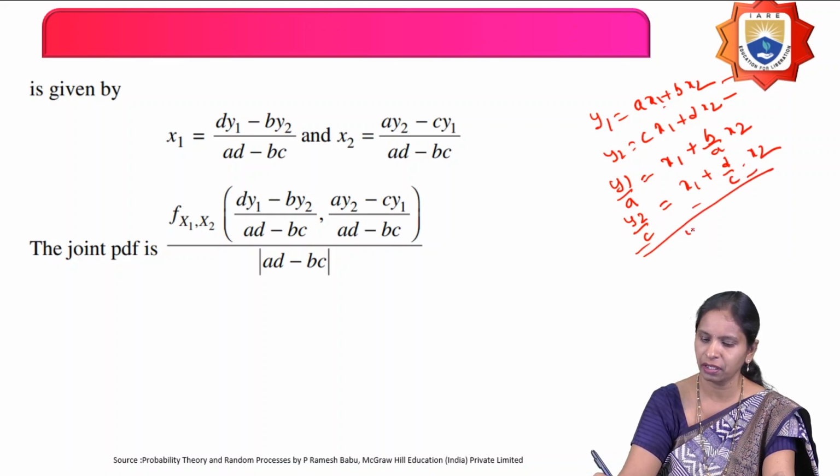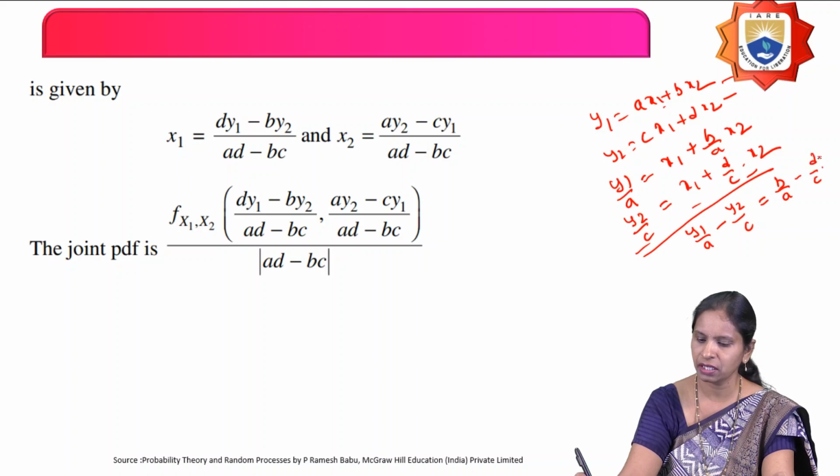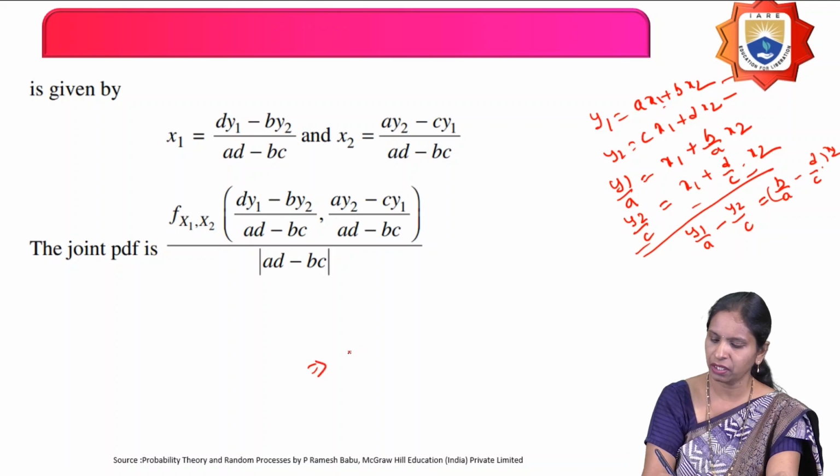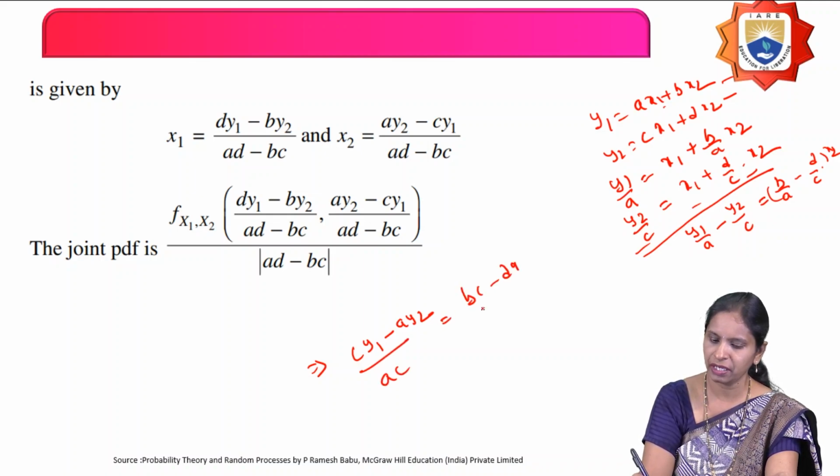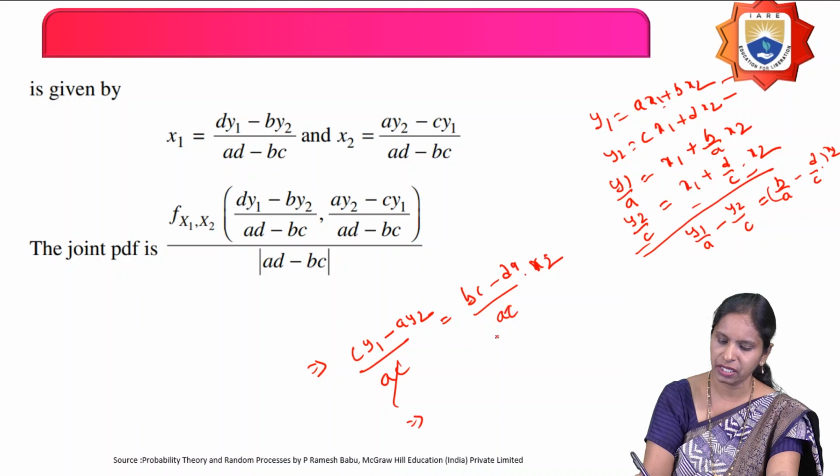Then what can happen here? y1 by a minus y2 by c is equals to b by a minus d by c into here x2. So from this, what can happen if you take LCM? So c y1 minus a y2 by ac is equals to bc minus da by ac into here x2. So ac gets cancelled.